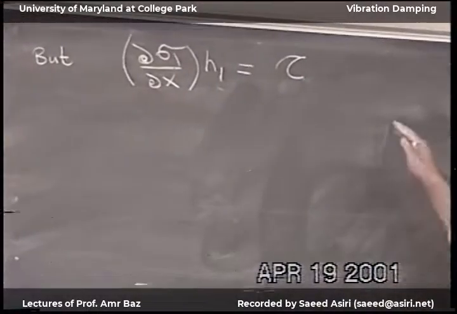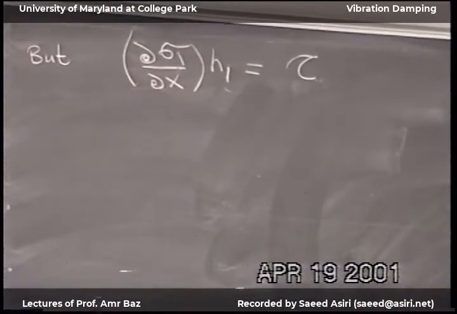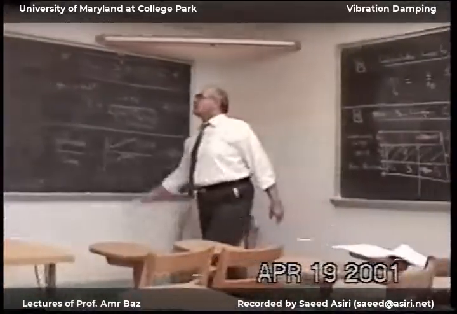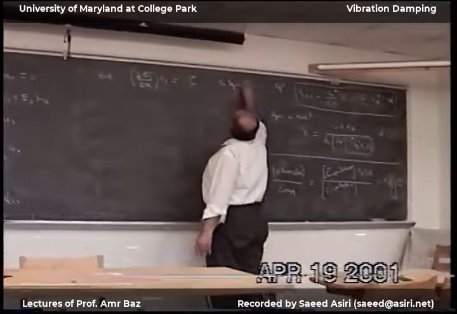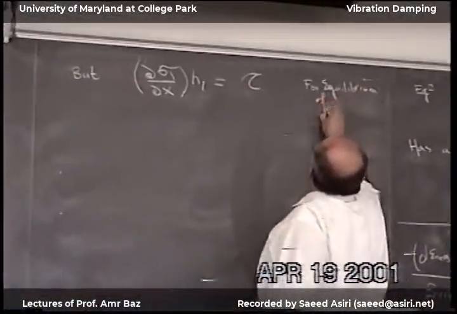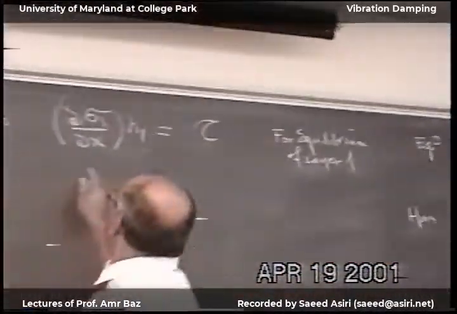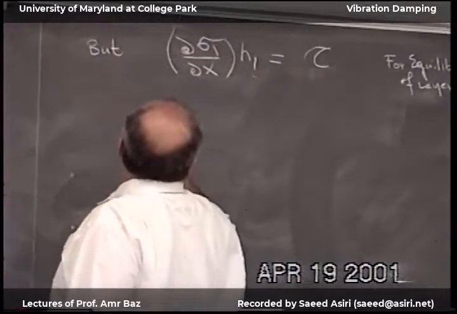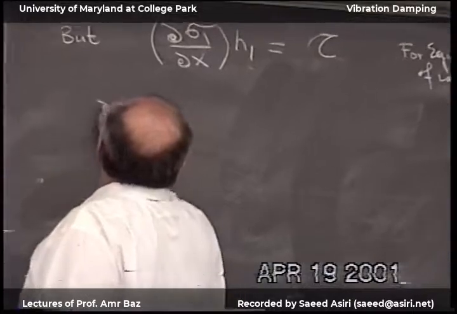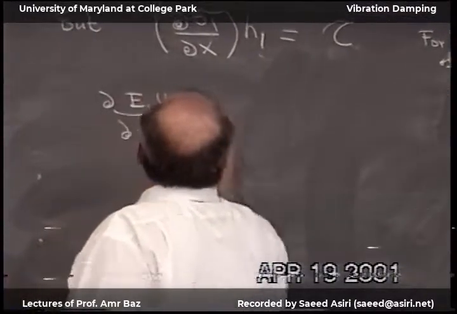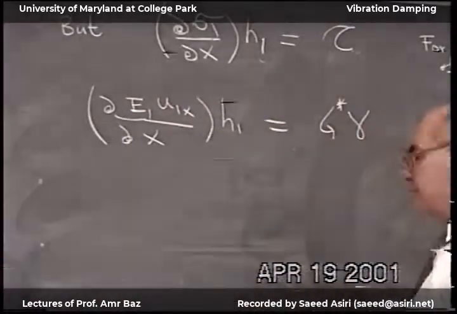This is for the equilibrium of this layer. The force times the area is equal to the shear stress times the area which is acting on. This is for equilibrium of the top layer. This, again, is E1, U1 by H1. This was equal to G prime and gamma.